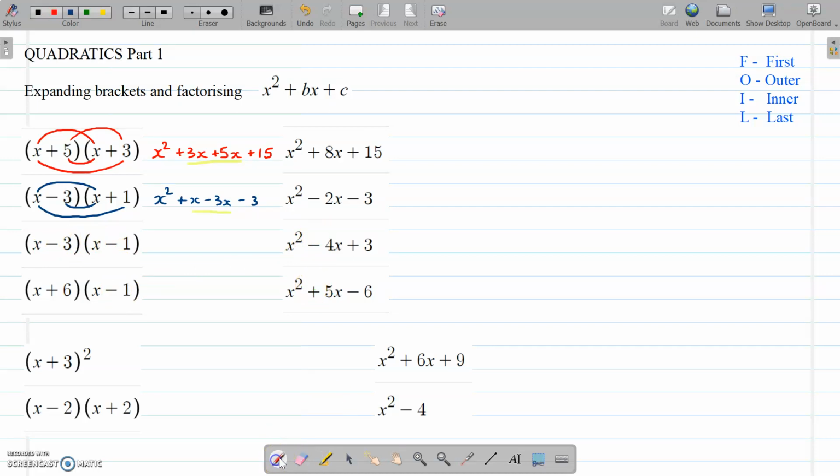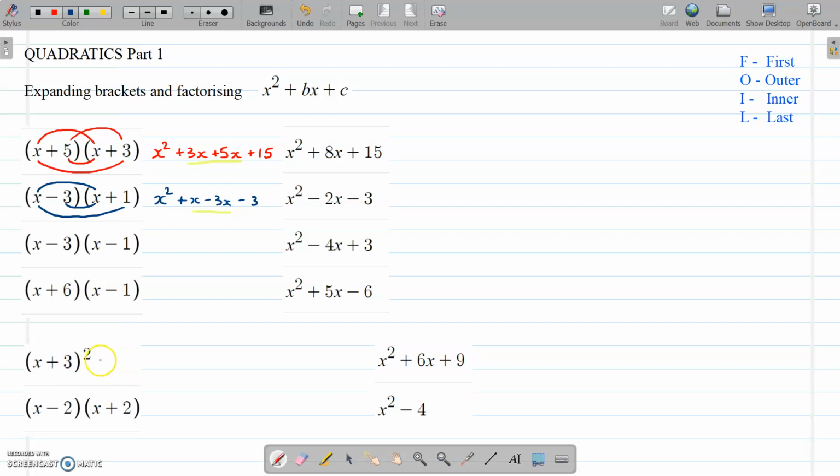Okay, now there's a couple of special cases I want to consider with you. First of all, if you have x plus 3 squared, or x plus 3 all squared, as we tend to say, it does not mean that you square the x and you square the 3 to give you x squared plus 9. That is wrong.